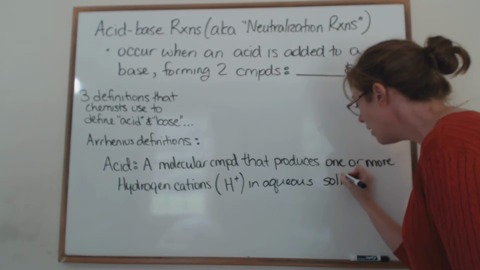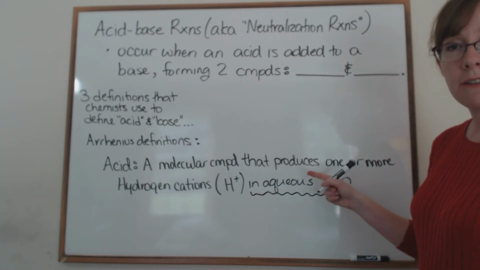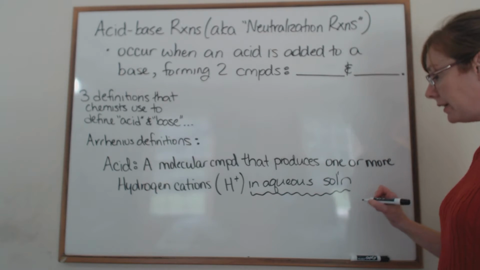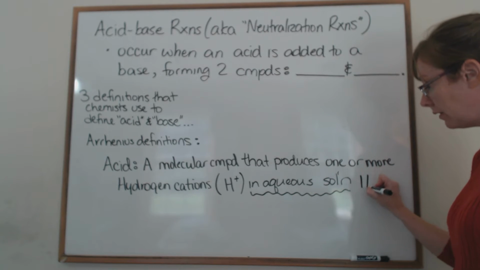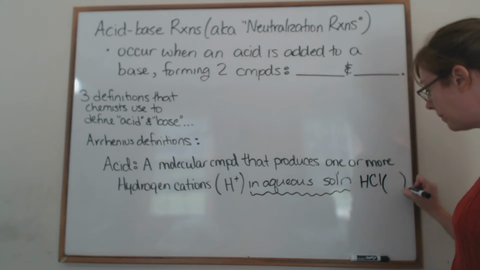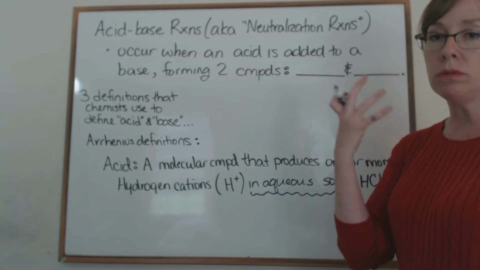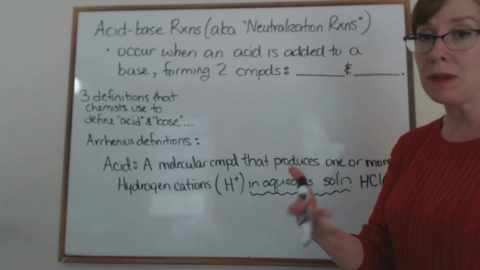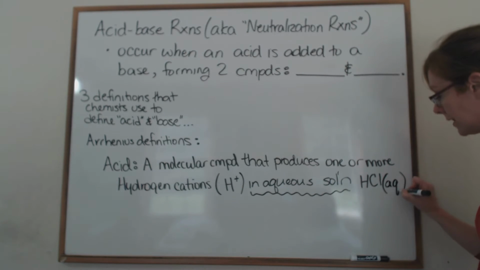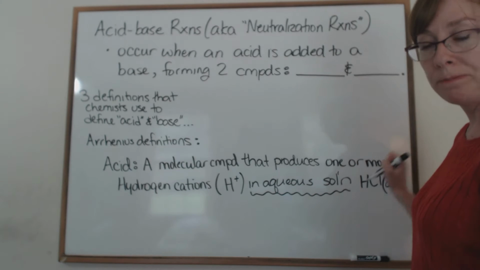So there's a little bit there. First of all, because this definition is only occurring in aqueous solution, anytime you write an acid, you automatically know its phase label. You don't have to be told. If someone says write the formula for hydrochloric acid, maybe it's reacting in a chemical reaction, its phase label will always be aq, meaning it's dissolved in water.